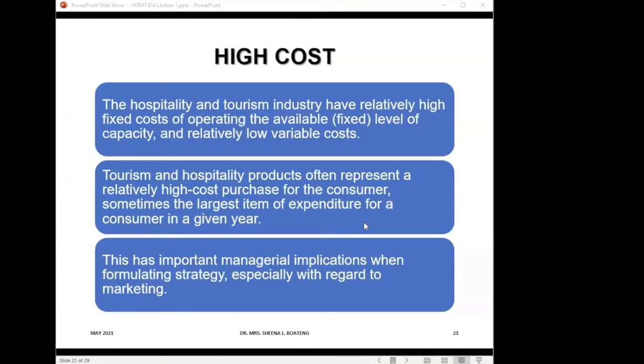And then we can also talk about high costs. Now, high cost is not just on the part of the institutions in the sector. High cost is also incurred on the part of the customers or the tourists. Now, the hospitality and tourism industry have relatively high fixed costs of operating the available fixed level of capacity, right?